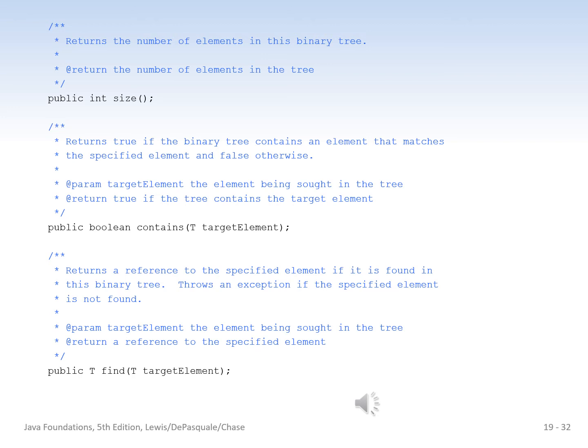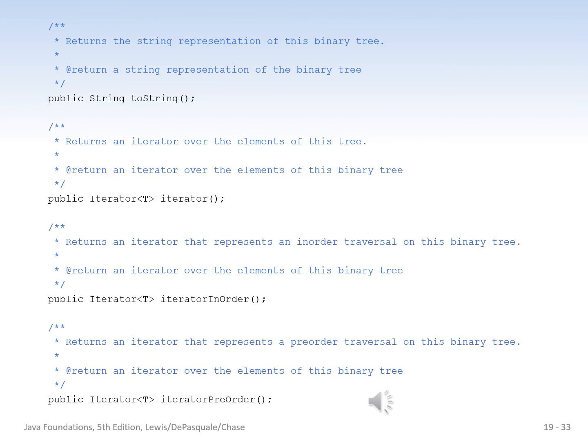And then we have the find method, which returns an actual element, T. Moving right along, we have the toString method, which returns a string representation of the binary tree.